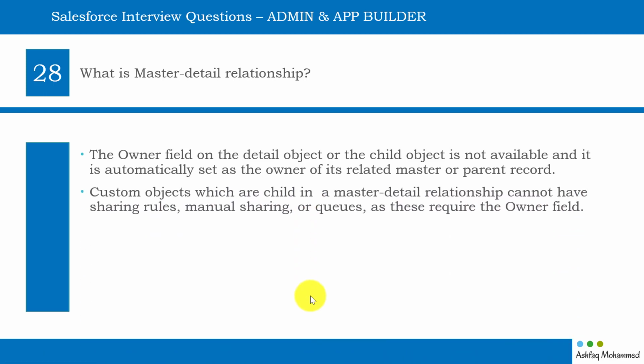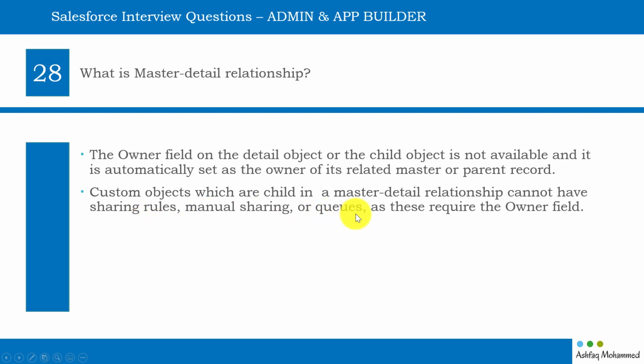Custom objects which are child in a master detail relationship cannot have sharing rules. As I said, you cannot create separate sharing rules for the child object. You create the sharing rule for the master, and automatically the same sharing rule will apply to the child as well. Even manual sharing, same thing.